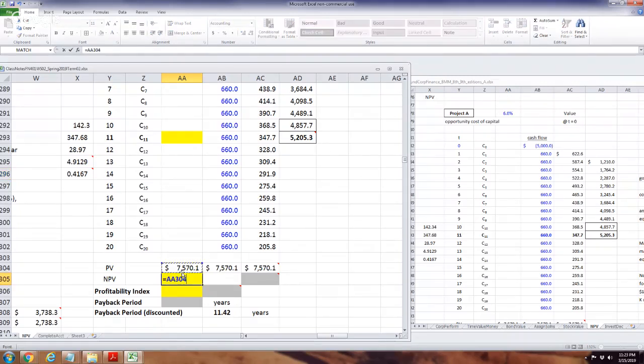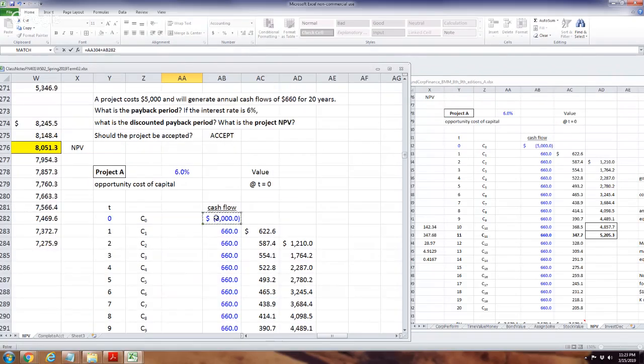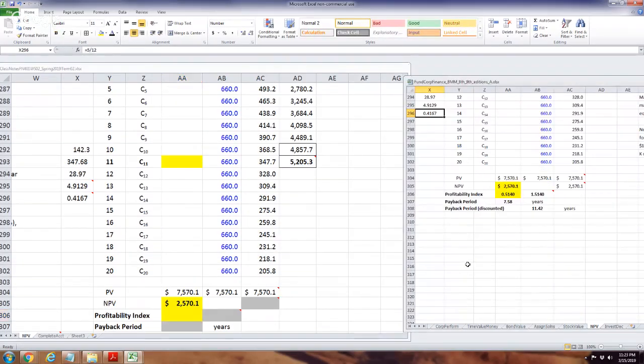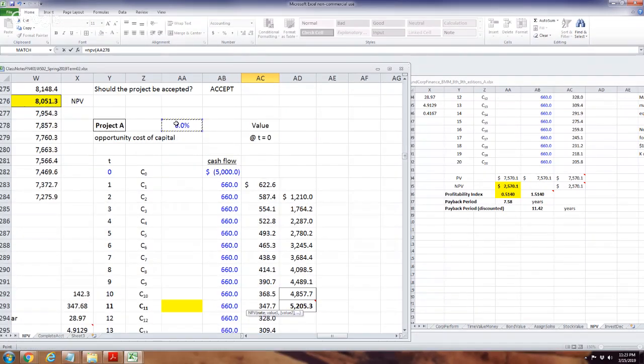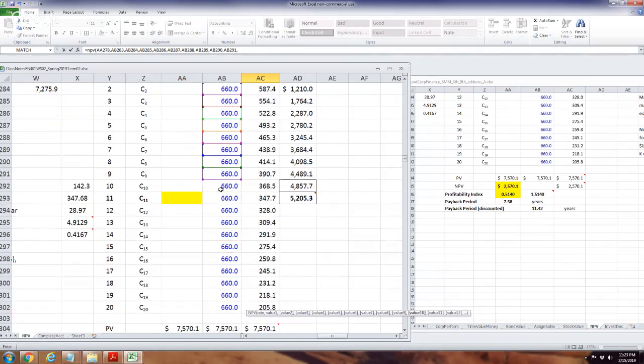Okay, so you take your present value, you add your initial capital, right? 2,570. This other piece, this is equal to NPV. The rate was 6%, and then you had all of these. I'm sure there's a better way to repeat this than what I'm doing.